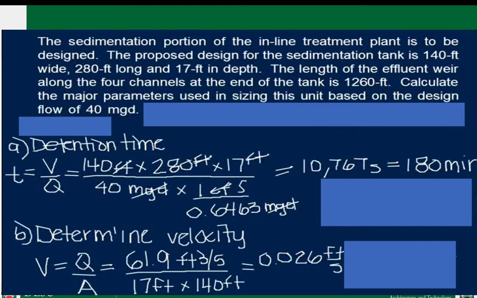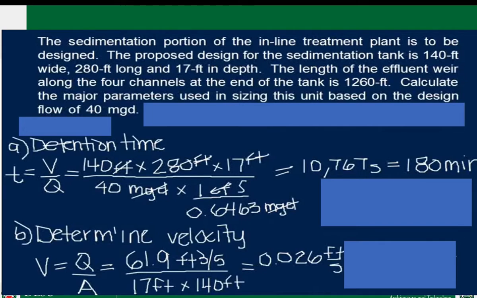Okay, so for letter B, for the velocity, V equals Q over A. Q here is 61.9 cubic feet per second. How do we arrive at this? We arrive at this by 40 mgd multiplied by 1 CFS over 0.6463 mgd.